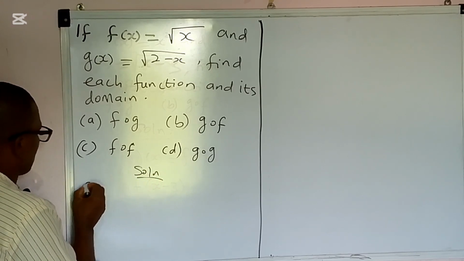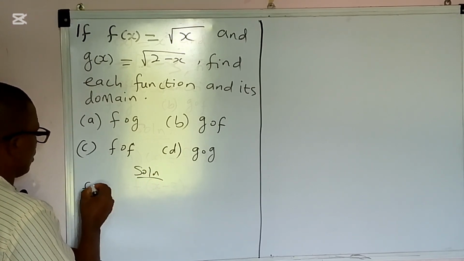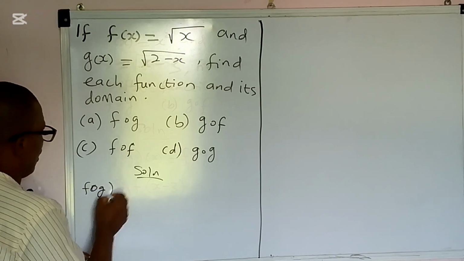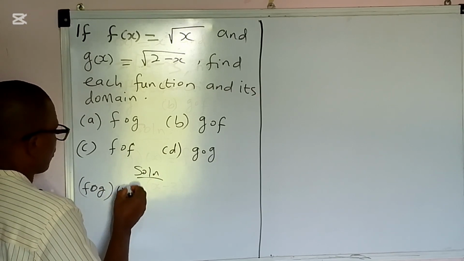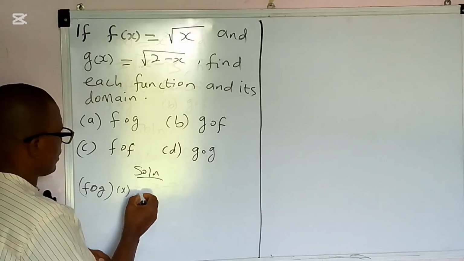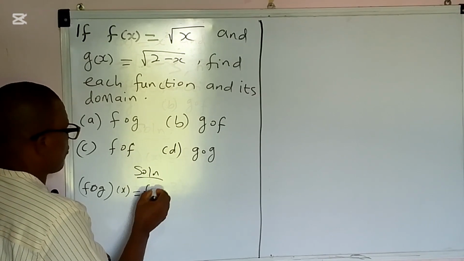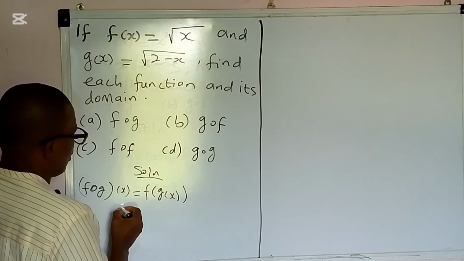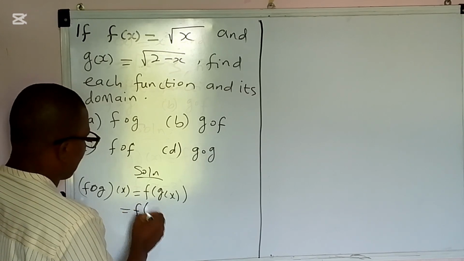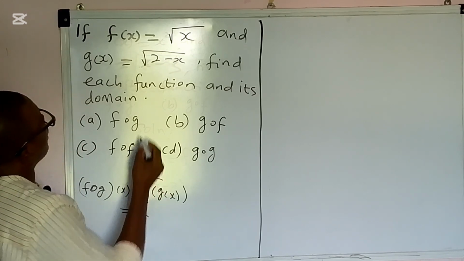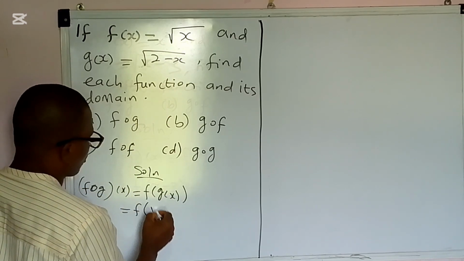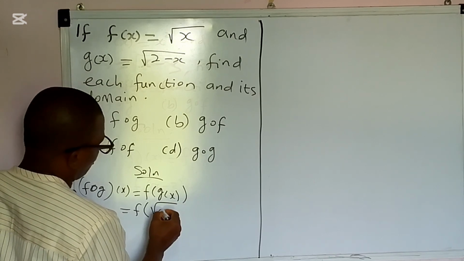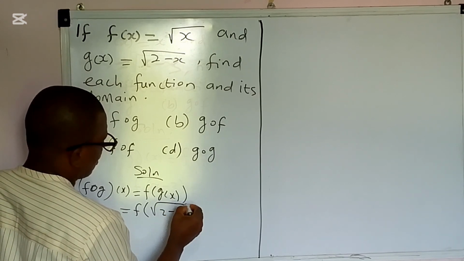We have f composition g of x. Of course, this is defined as f of g of x, which is equal to f of the square root of 2 minus x.